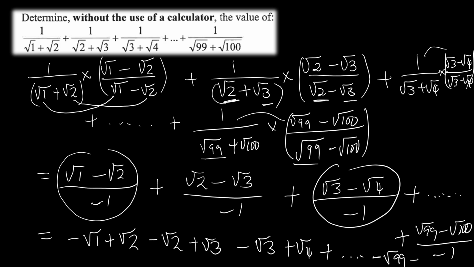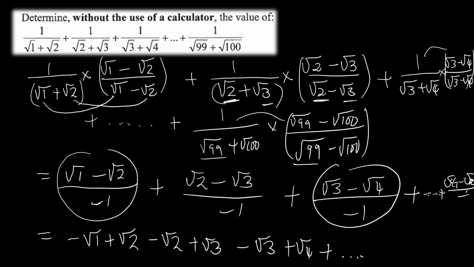Okay, let me write it properly. Let me delete this, maybe I can put it there. Root 100 divided by minus 1, so that will be minus root 99 plus root 100.